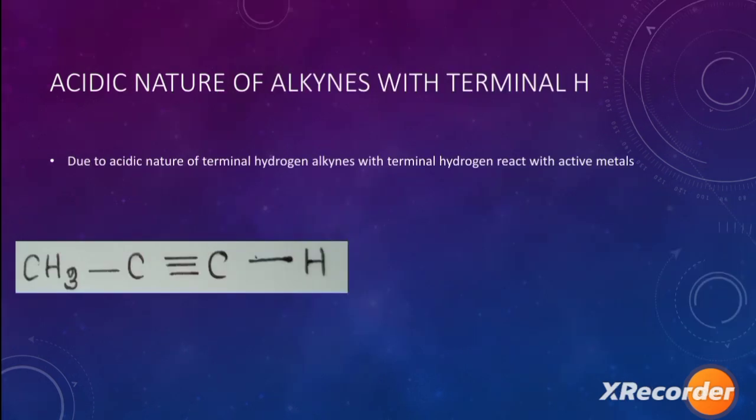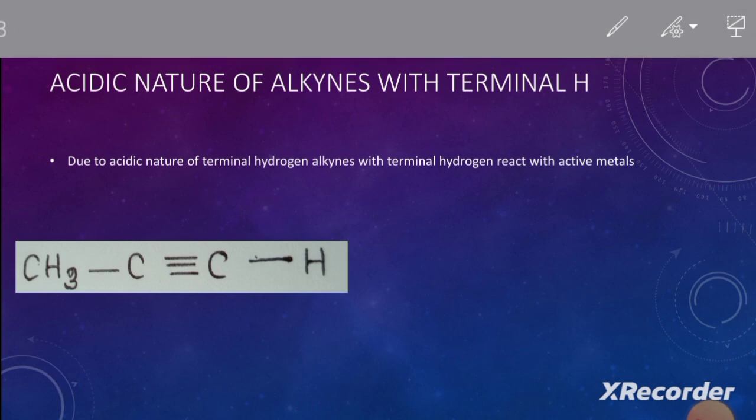We will discuss the acidic nature of alkynes with terminal hydrogen. First of all, we have to understand what terminal hydrogen is. So here, this carbon atom has a triple bond, right?